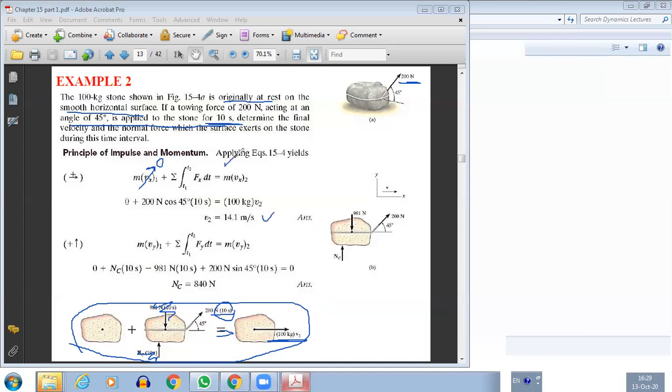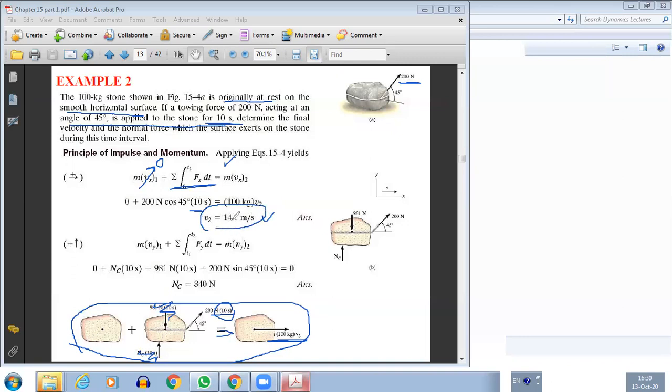Mass is known, and the force is constant, 200 Newton. So it will be 200 cos 45 for 10 seconds, t1 to t2. You just substitute the values, you'll get the velocity v2.